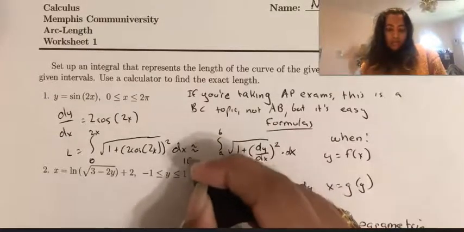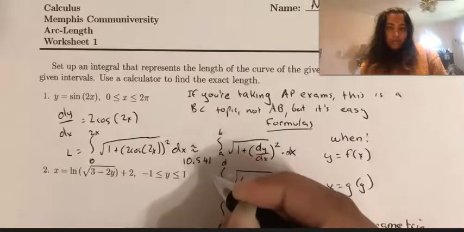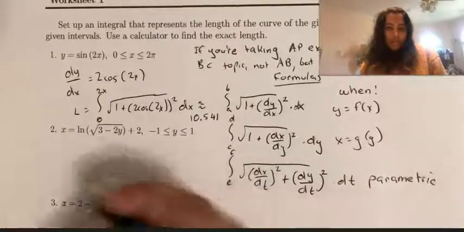And you get 10.541. And my estimation sign looks weird, but we're going to pretend like it doesn't.